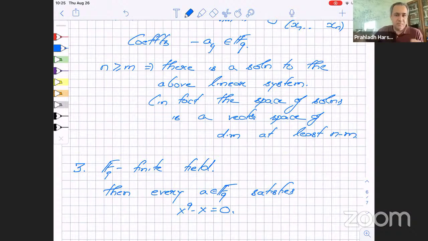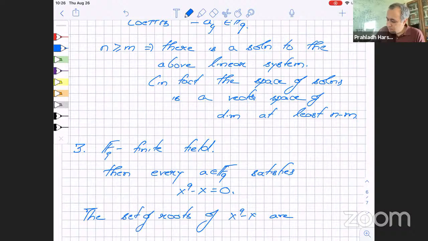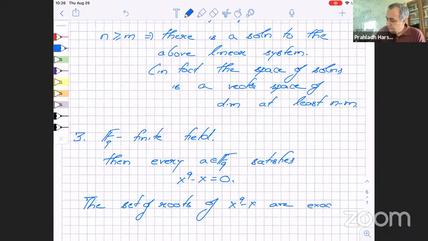So all the roots of x power q minus x are exactly the field Fq, using just these three properties.